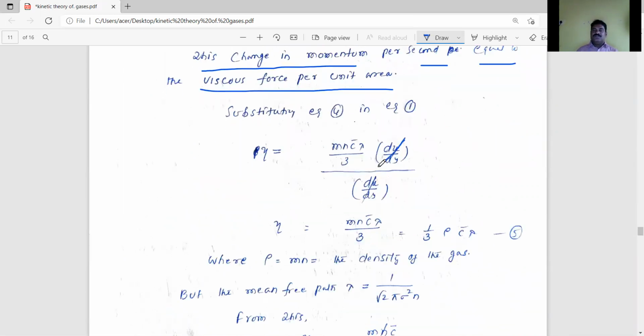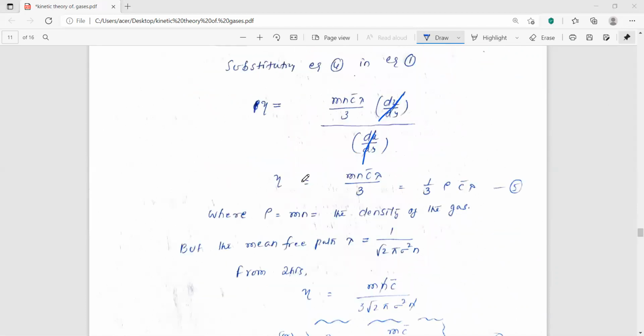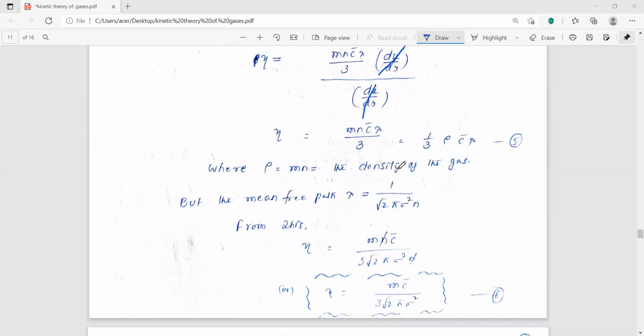Now this du by dy and this du by dy will cancel out, and we get eta equal to m n c bar lambda by 3, that is 1 by 3 m n c bar lambda. Here you can substitute rho.